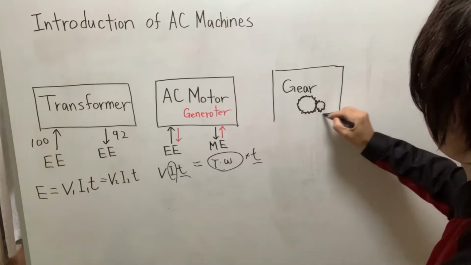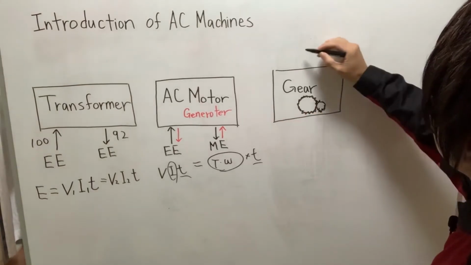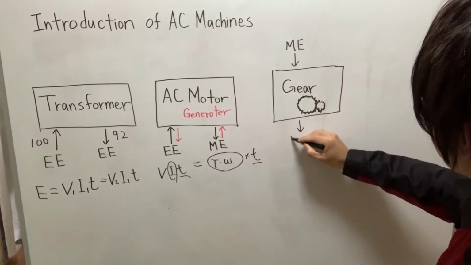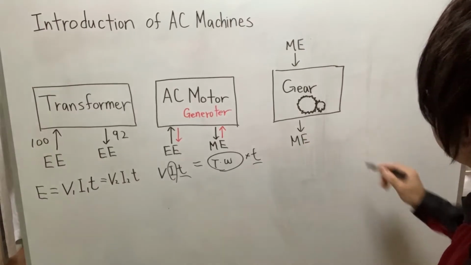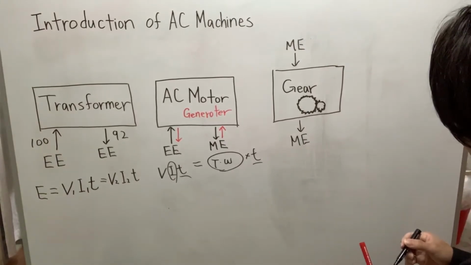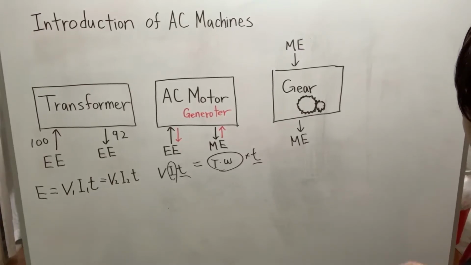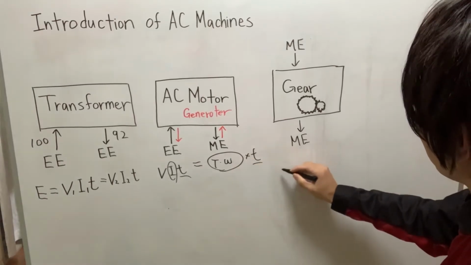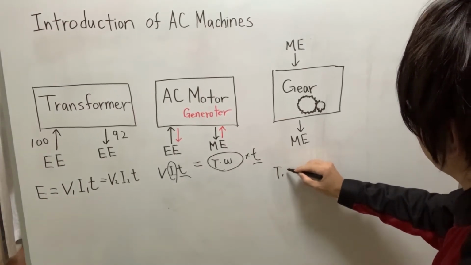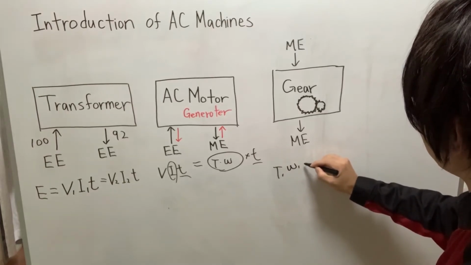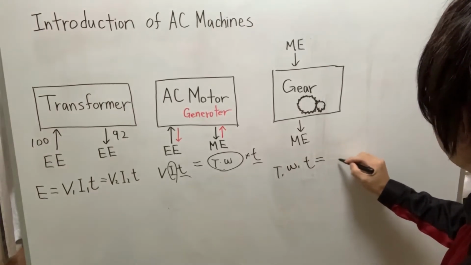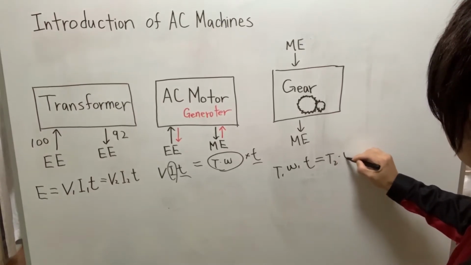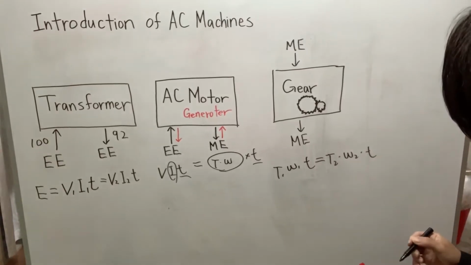Okay, something like that. So input is mechanical energy, output is also mechanical energy, right? And similarly, input torque times omega times time is equal to secondary gear torque times omega times time, right?